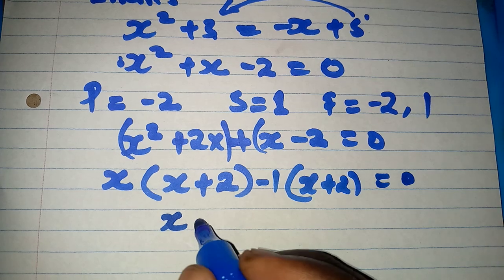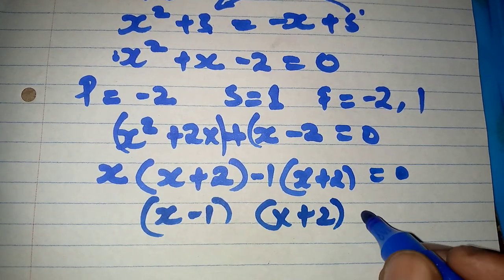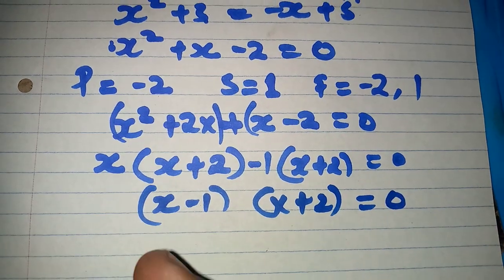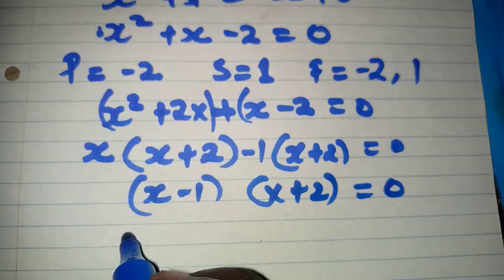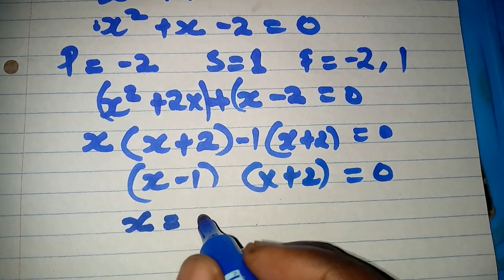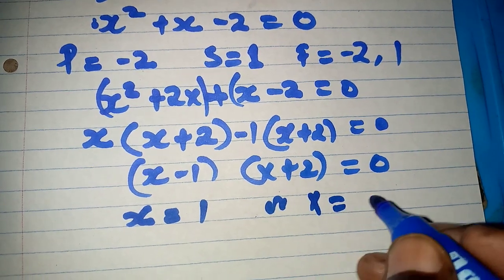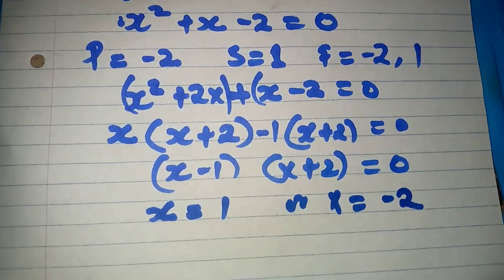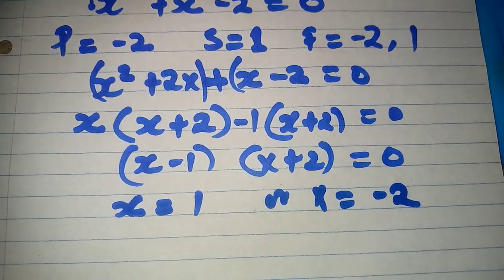So x minus 1 times x plus 2 equals 0, a product of two factors. Then x equals 1 or x equals negative 2.